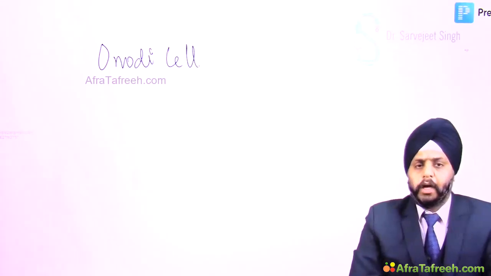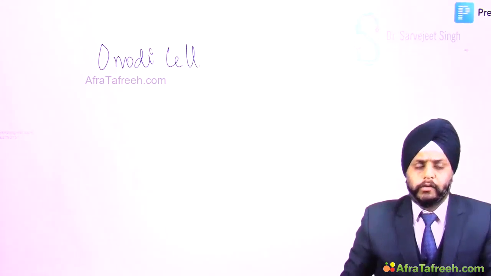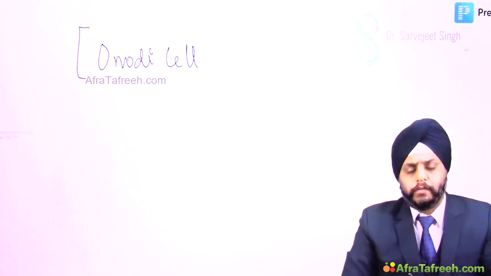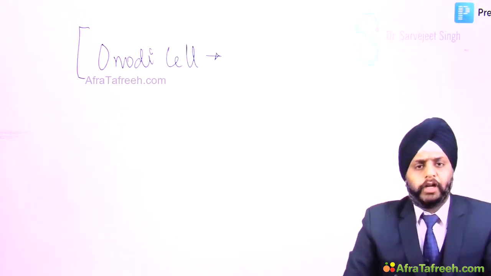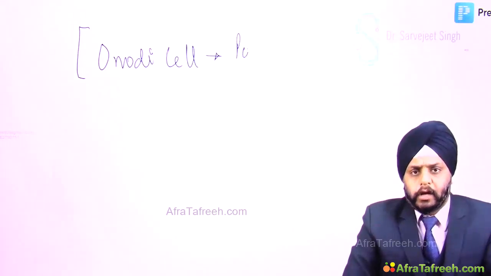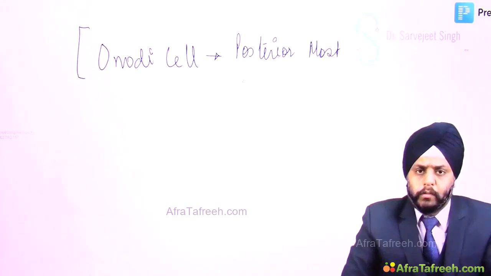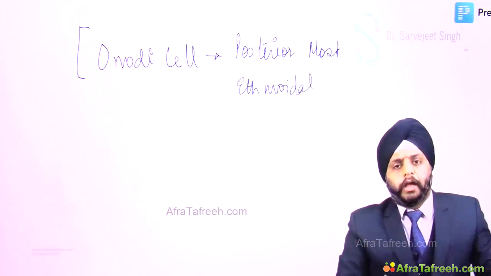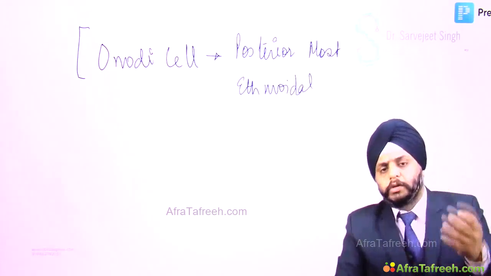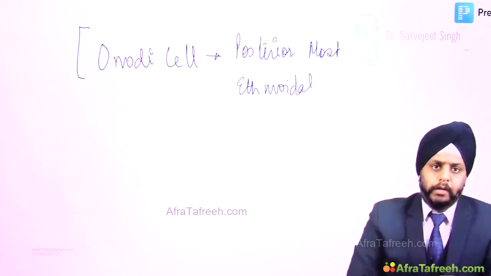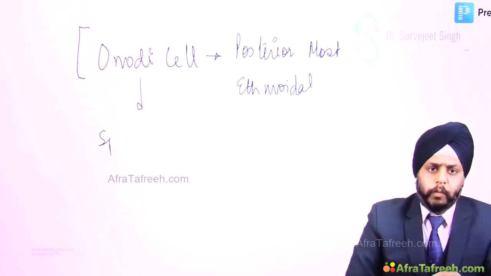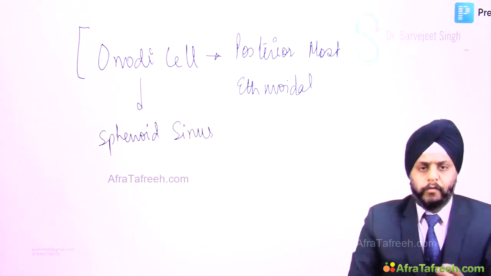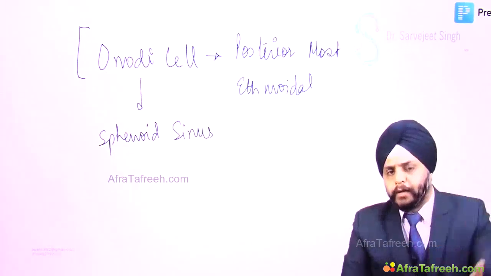So we have talked about the anterior ethmoidal air cells. Let's talk about the posterior ethmoidal air cells, and in that we have the Onodi cell. First, about the Onodi cell, this is the posterior most ethmoidal air cell. So it belongs to posterior ethmoids. Now this cell lies in close proximity to sphenoid sinus. Of course, behind the ethmoid we have the sphenoid sinus.